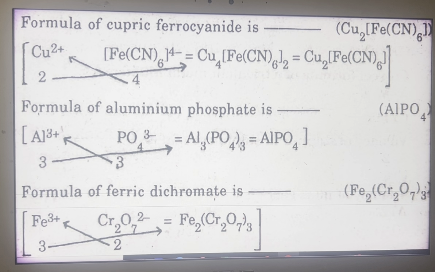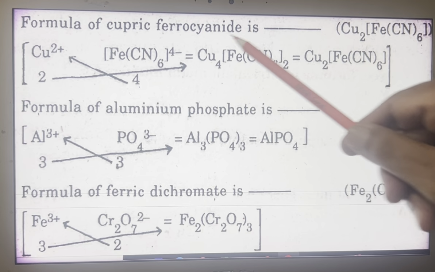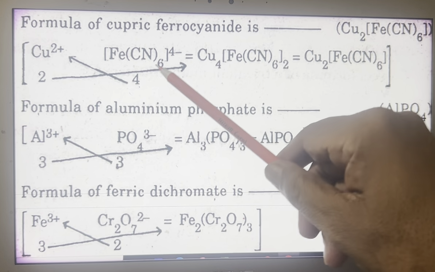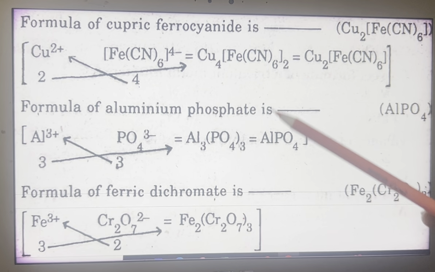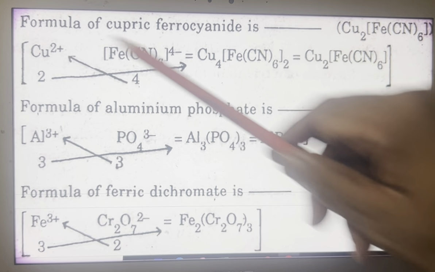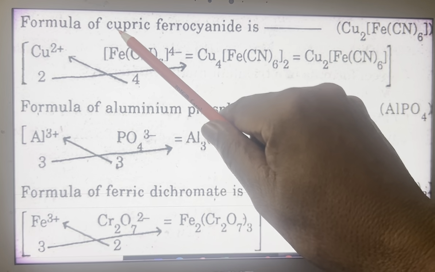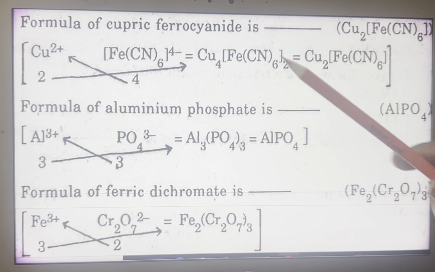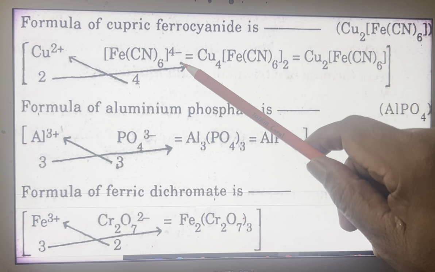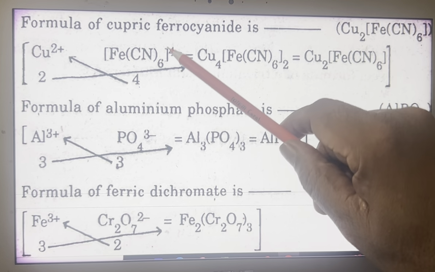Let us see some more formulas. Copper ferrocyanide. Already we have seen the ferrocyanide ion is [Fe(CN)6] 4 minus. Copper also is a d-block element, a transition element. It has cuprous and cupric. Cu 1 plus is called cuprous, and Cu2 plus is called cupric. He asked cupric, so Cu2 plus. Ferrocyanide ion is 4 minus, that means this valence is 4.